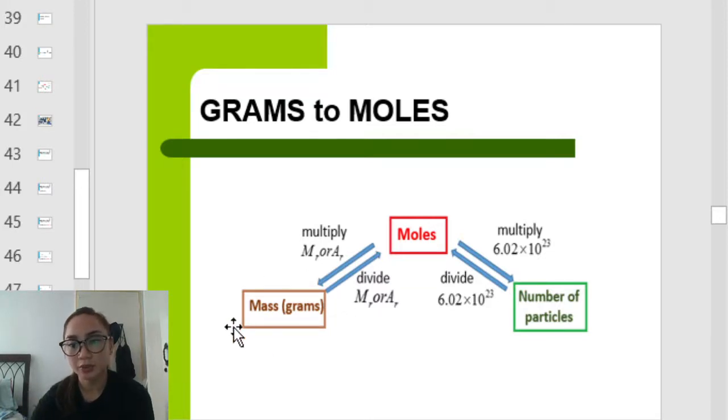So, eto po tayo, no? Mass natin in grams ang given. Ibibigay dito yung mass. And then, ang hinahanap ay moles. So, we have to divide it by molar mass. It is important step na alam nyo kung paano kumuha ng molar mass.